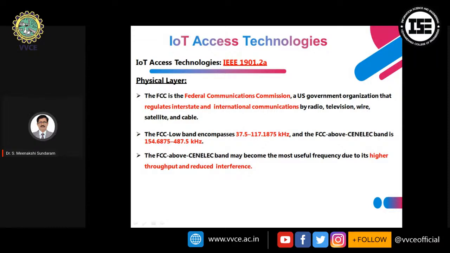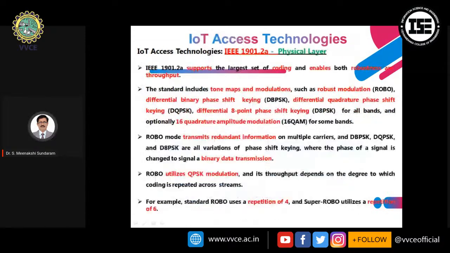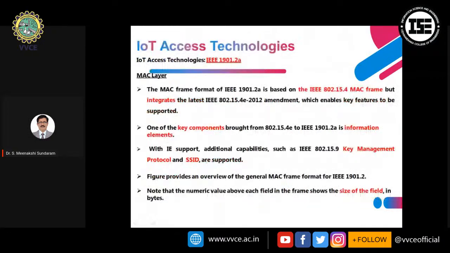For the physical layer, the FCC, the Federal Communications Commission, a US government organization, regulates interstate and international communications by radio, television, wire, satellite, and cable. The FCC low band encompasses 37.5 to 117.1875 kilohertz, and the FCC above-CENELEC band is 154.6875 to 487.5 kilohertz. These are the frequency bands, as I told, for the physical layer and the MAC layer.